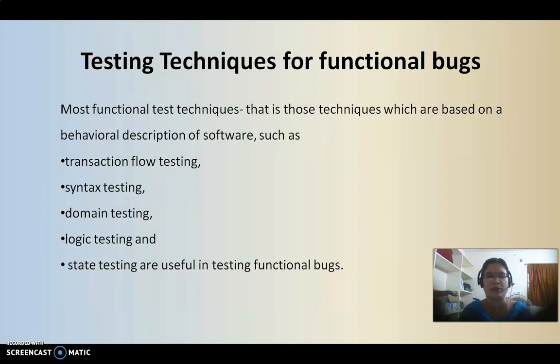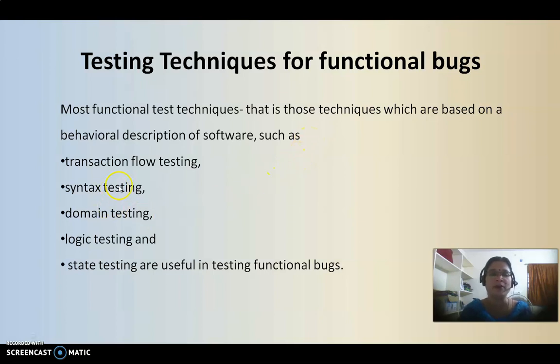One form will change into another form, and how it behaves is described as the behavior of the system. The behavior of the system is always described with the help of functionalities, and to check those functionalities we require a set of functional tests.